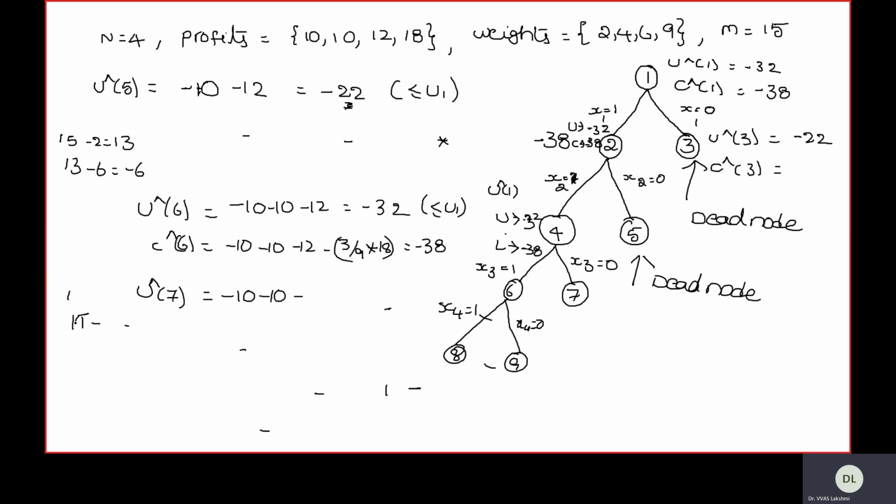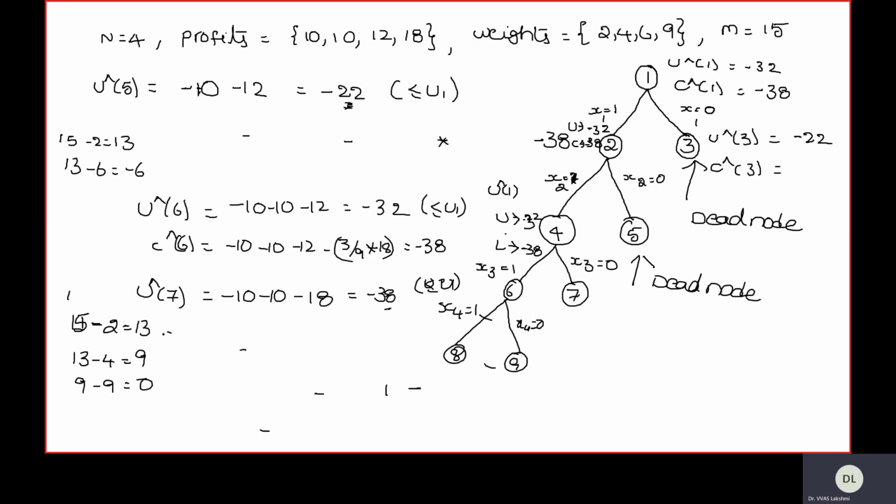Whenever the first item is included, 15 minus 2, that is 13. And when the second item is inserted, 13 minus 4, that becomes 9. So we are able to place the third item into the bag. The value with the third item's profit is minus 38, which is less than or equal to the upper bound of 1.